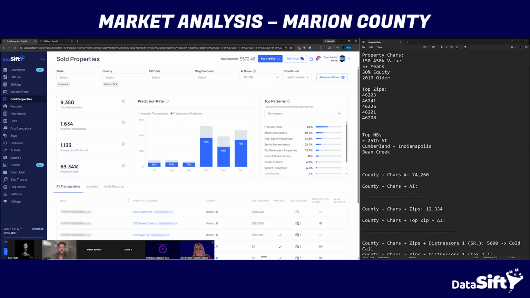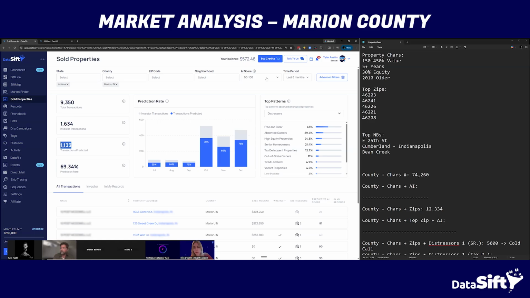I'm going to show you an example of this by utilizing these top distressors, y'all. So right now, I'm showing the AI scores with Marion County at 50 to 100. What this means is that we predicted 1,637 investor transactions for this time frame. Out of those transactions, at the time that they sold to investors, we predicted that 1,133 were over the AI score of 50.